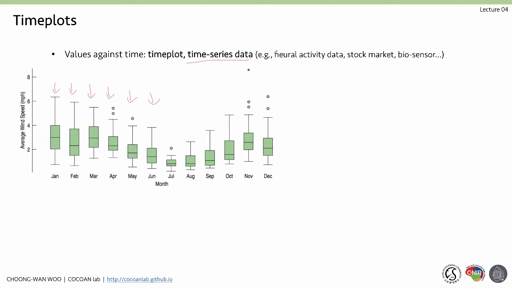For example, neural activity data, that is time series data because we are recording neural activity over time. And stock market data is basically the values of stocks over time, right? And biosensors. And how can we effectively compare these data?